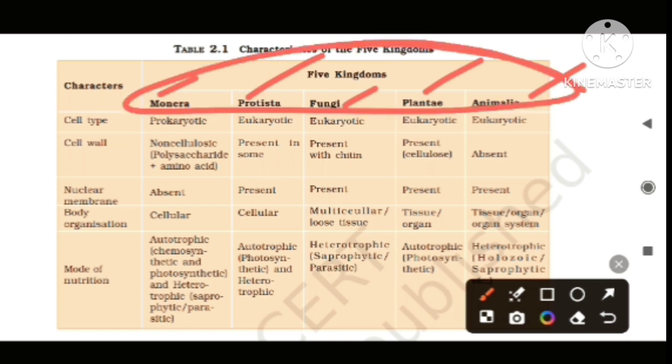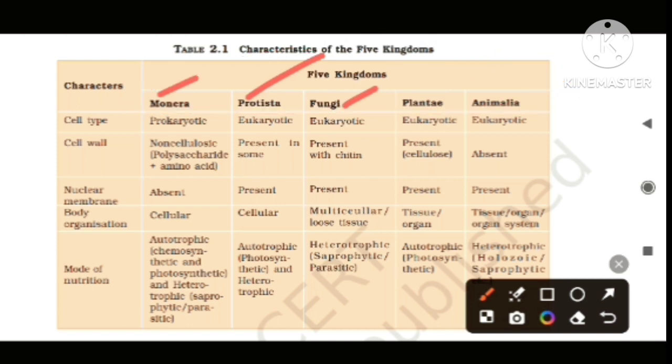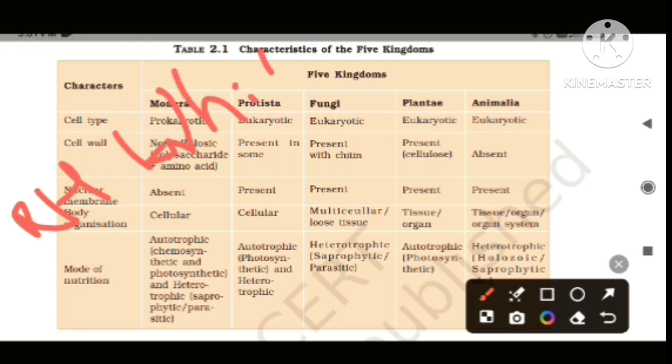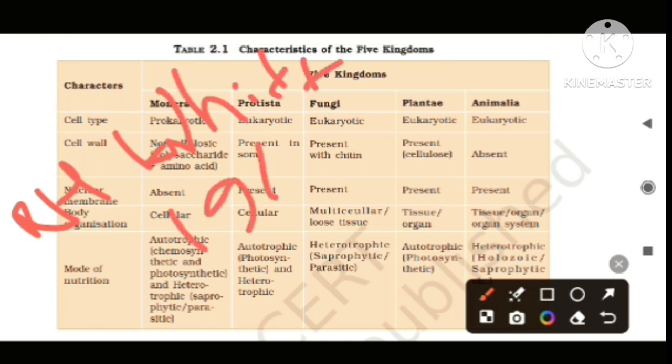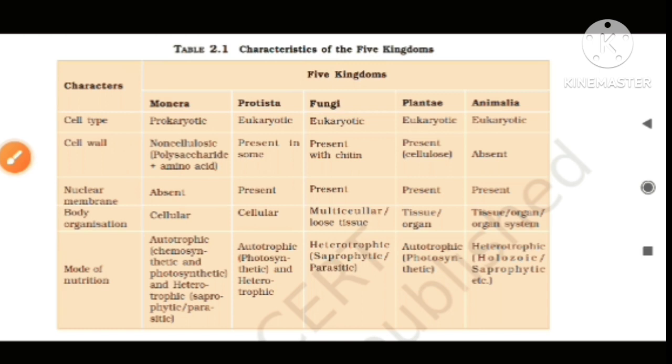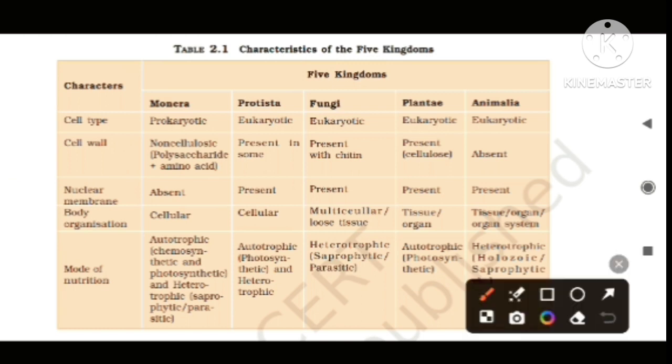These are the five kingdoms of classification we use nowadays. It was given by R.H. Whittaker in the year 1965. Cell type of monerans is prokaryotic.